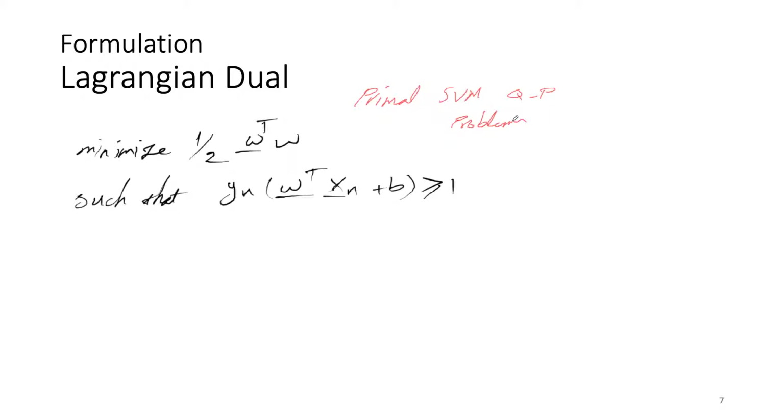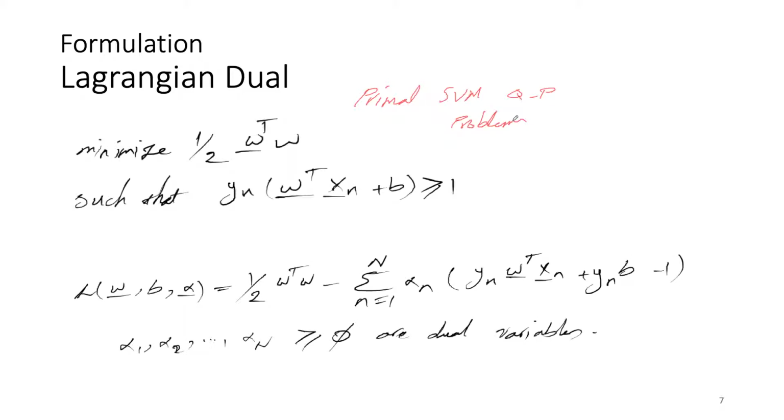Right? So now, if we use the Lagrangian duality, we're going to define a Lagrangian function L, which has 3 parameters: w, b, and alpha. So now we want to find these parameters, right? And the dual form has, just like what I mentioned in the previous slide, the primal form, which was f(x) in the previous case, minus the summation over n from 1 to N of alpha_n, which is a parameter we introduced in the Lagrangian form, and we want to find it, right?